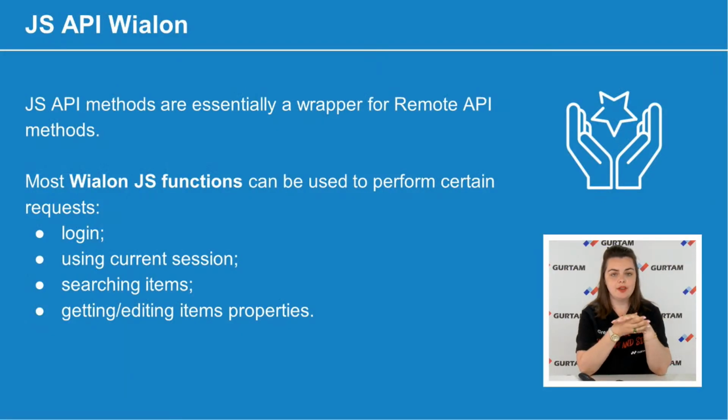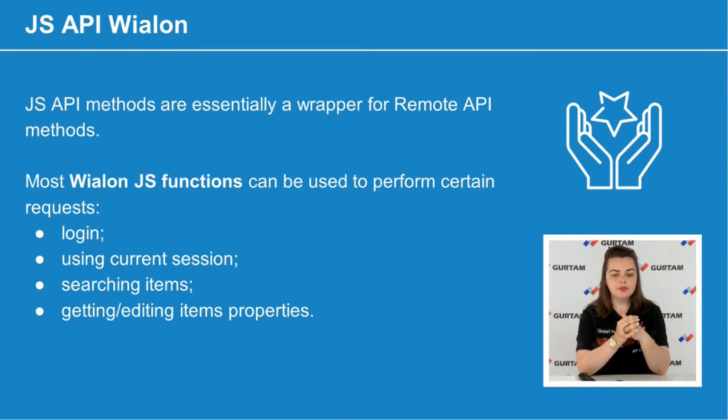JS API methods are essentially a wrapper for the remote API method. As I said earlier, you can get data from Wialon only by sending a remote API request to the server using the POST method. There are no other ways. For example, you cannot use a SQL request to get data from Wialon.